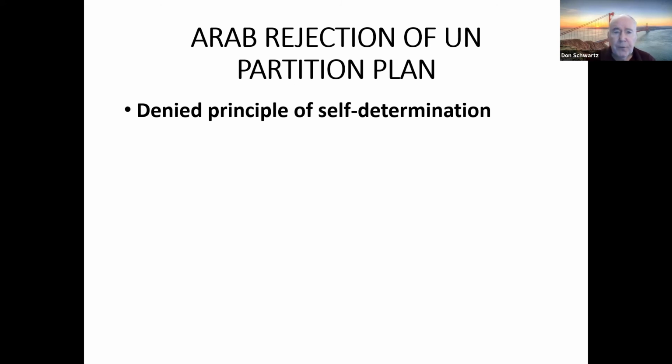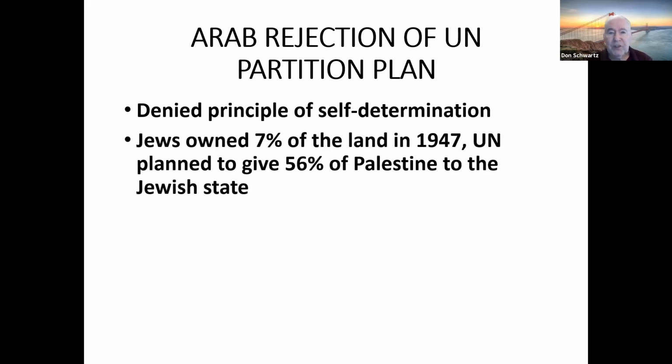Now, in 1947, Jews owned just 7% of Palestine, whereas the UN partition plan would give 56% of that land to the new Jewish state. And that was another reason for the Arabs to reject the plan.